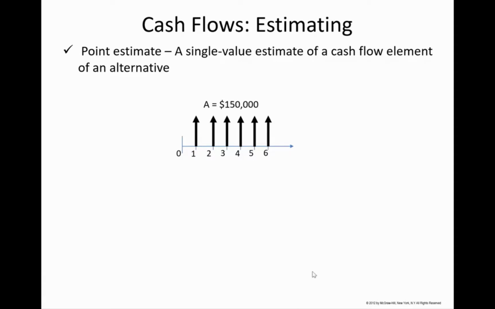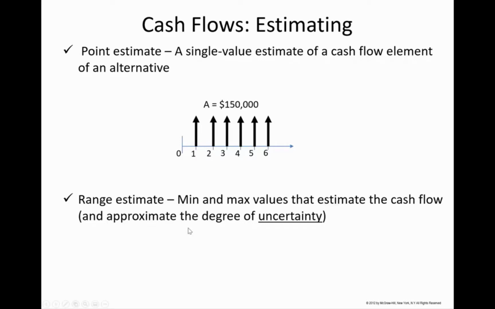That's a point estimate. Now, we can also have range estimates. Sometimes you don't know, if you're projecting into the future, exactly how much revenue you might make. If you're buying a food truck and you're hoping to sell a lot of grilled cheese sandwiches, but you don't know exactly how much, then maybe what you do is you'd run the numbers and perform an analysis over a range of values.